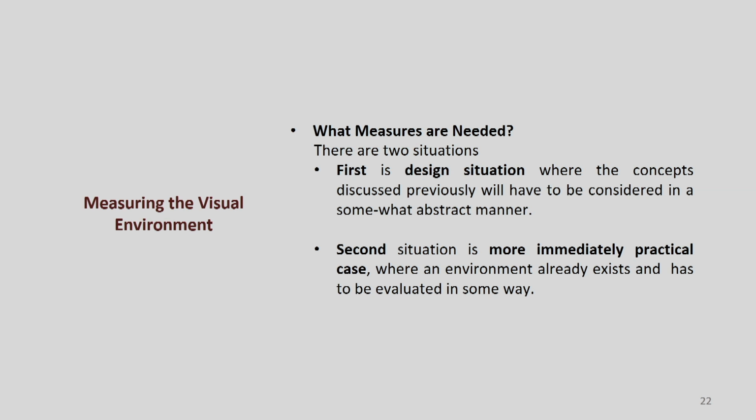Second is the more immediate practical case, where we have a particular environment and we want to know what the condition is. You have a lux meter, you have a variety of instruments to tell the current condition of the working environment; you go and measure it. So, that is the situation.